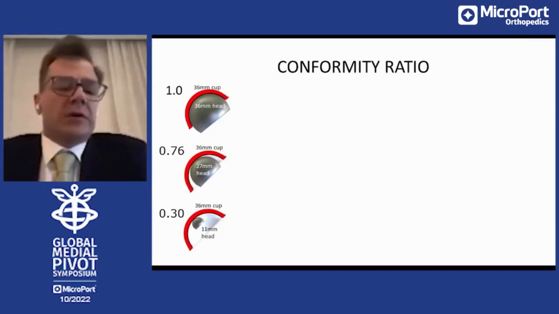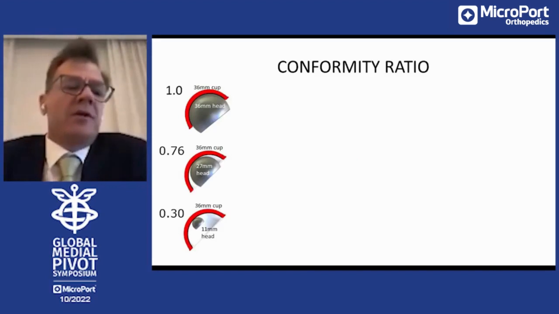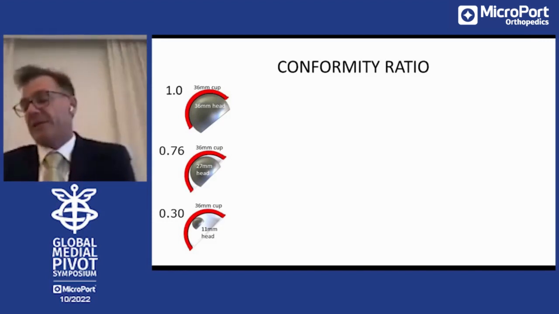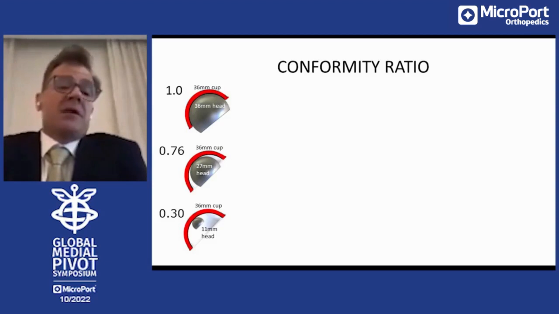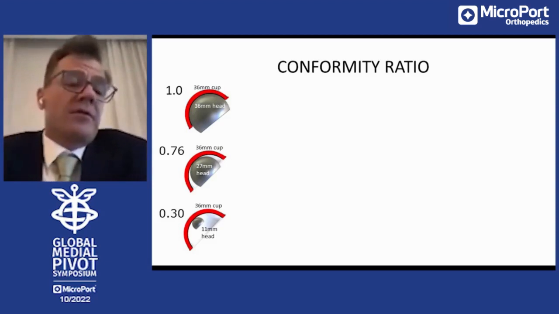So there's been talk recently about conformity ratios, which is the ratio between the femoral component and the acetabular component. And I'd just like to make an analogy in hips. In hip replacements, if we're doing a 36 millimeter cup, we'll put a 36 millimeter head in to have a conformity ratio of 1.